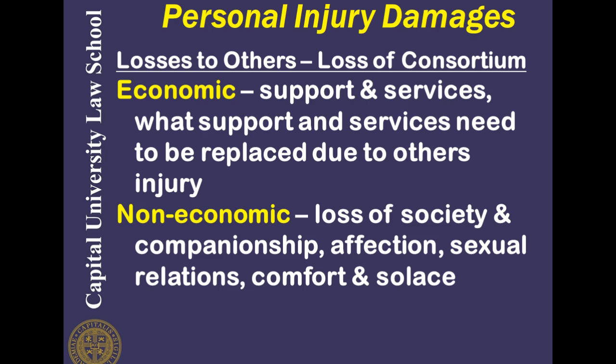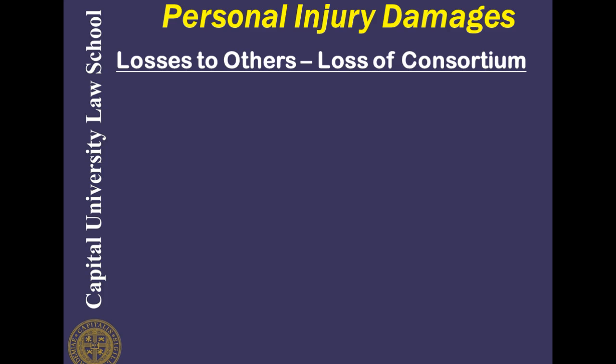Now, let's take a look at who is eligible to seek this loss of consortium. First of all, before I talk about who is eligible, loss of consortium is a derivative claim. That is, the husband who is the primarily injured party must prove his injury, that is the negligence of the defendant, and be awarded damages.